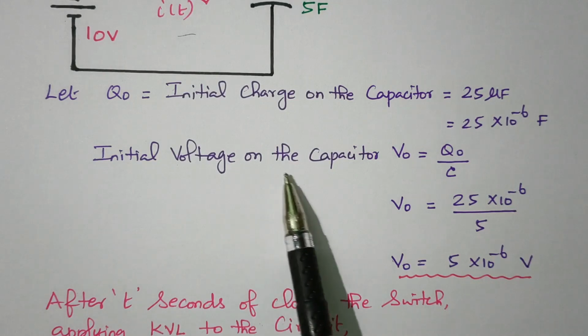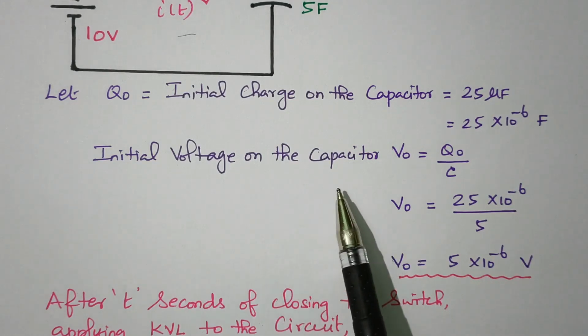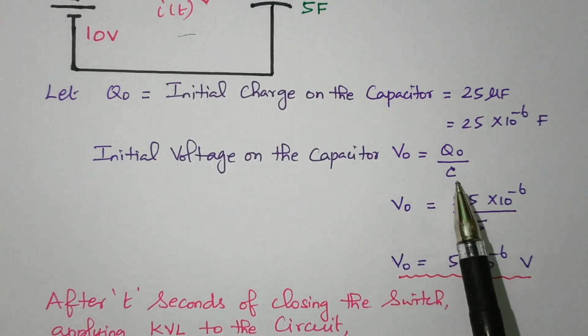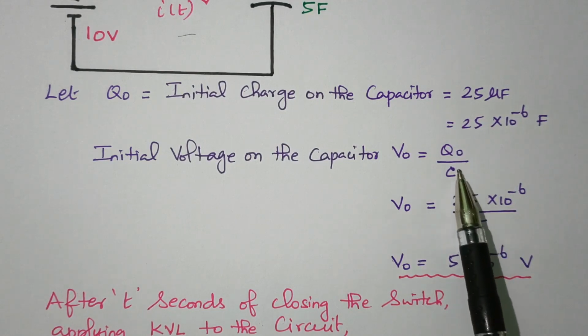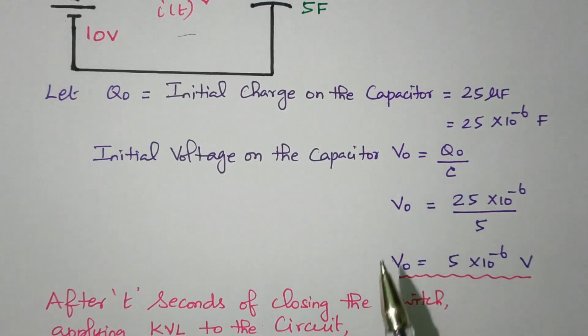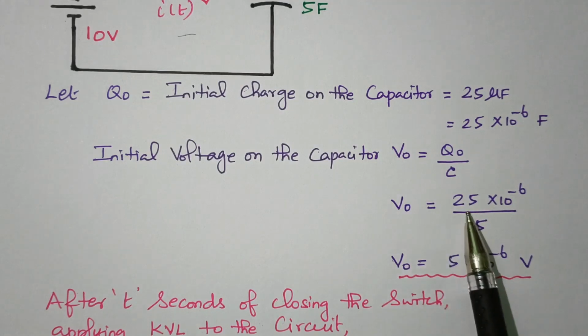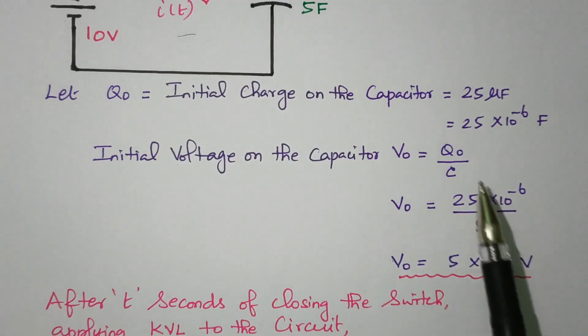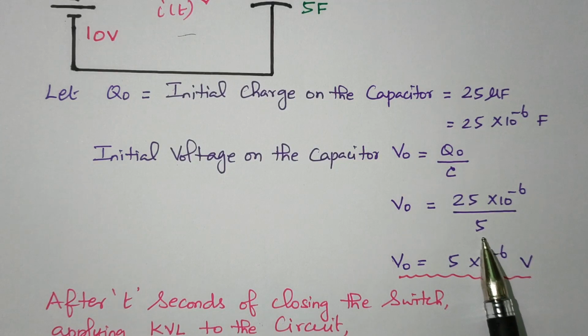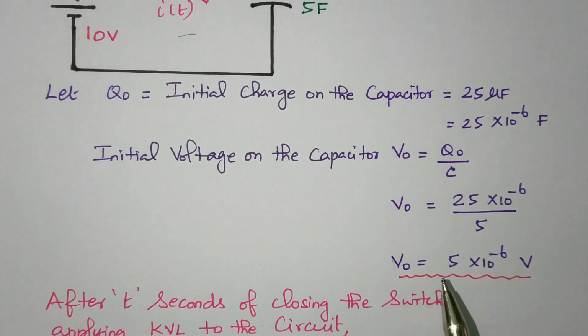So the initial voltage on the capacitor is V0 equal to Q0 divided by C. These two values are available, so we can easily calculate V0. V0 equals 25 into 10 to the power minus 6, the initial charge, divided by the capacitor, 5 farad. 25 divided by 5 is 5. So the initial voltage on the capacitor is 5 into 10 to the power minus 6 volt.